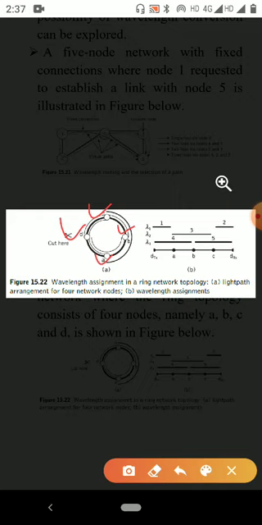Although four individual wavelengths may be required, when wavelength reuse is employed, three wavelengths are sufficient to provide similar connectivity.